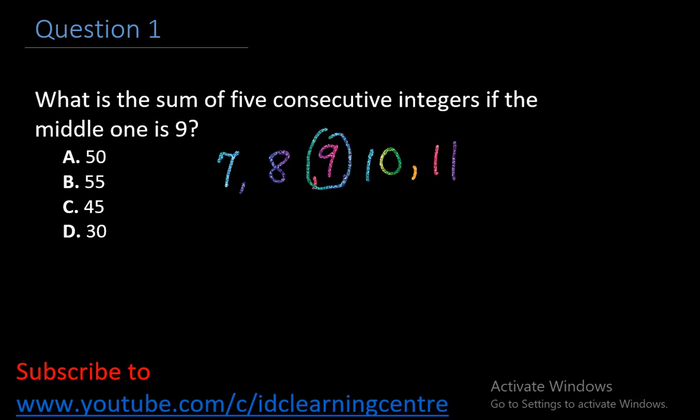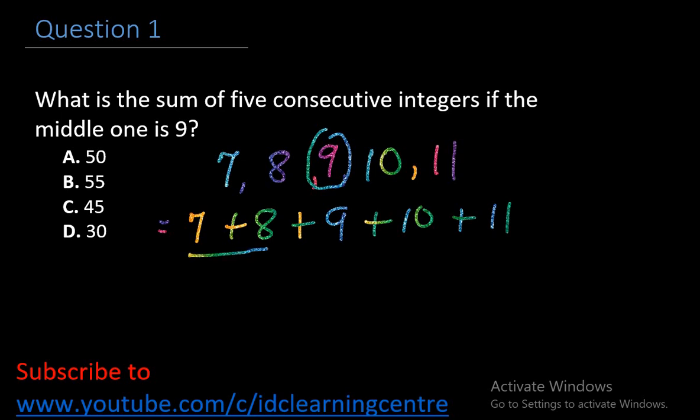So the instruction says, what is the sum? So it will simply be 7 plus 8 plus 9 plus 10 plus 11. As you already know, 7 plus 8 is 15. If you don't know that, you can count it, all right? And you know that 9 plus 10 will give us 19.